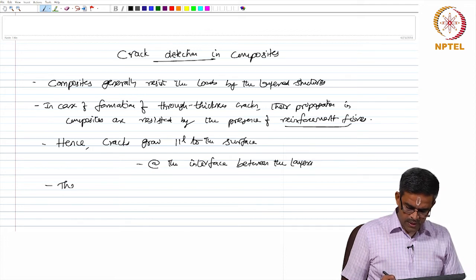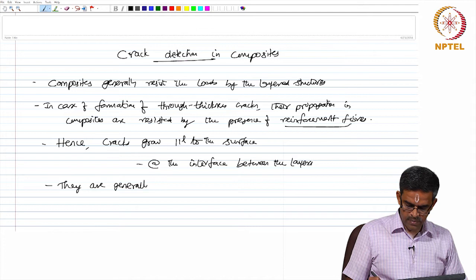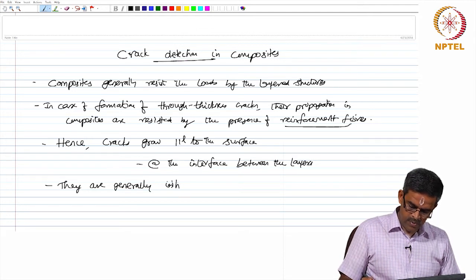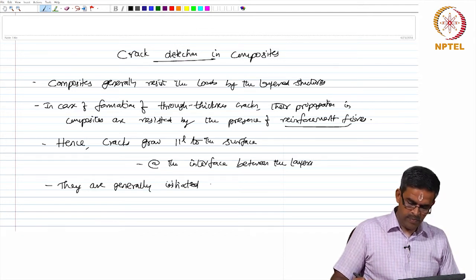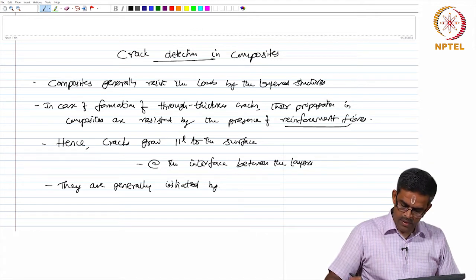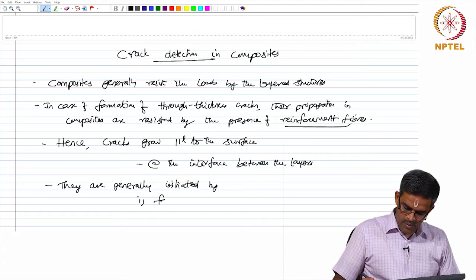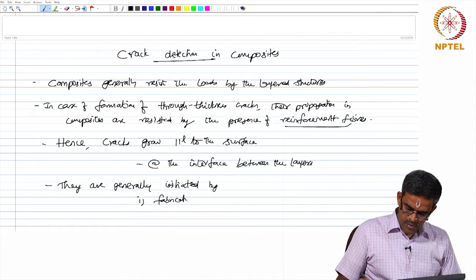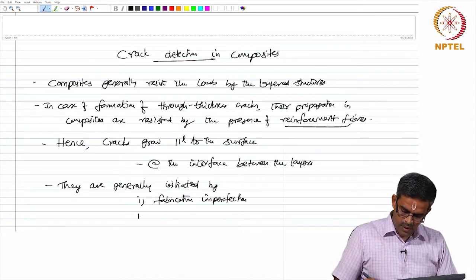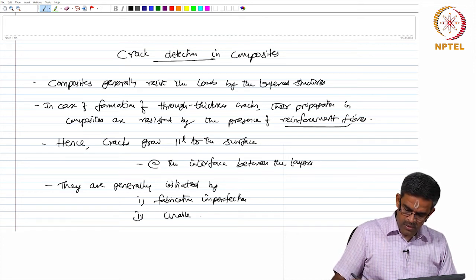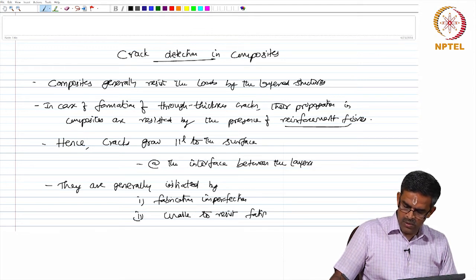They are generally initiated by 1. Fabrication imperfection and being unable to resist fatigue loads.